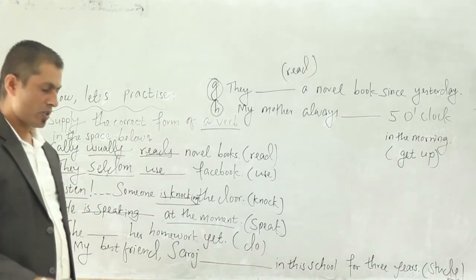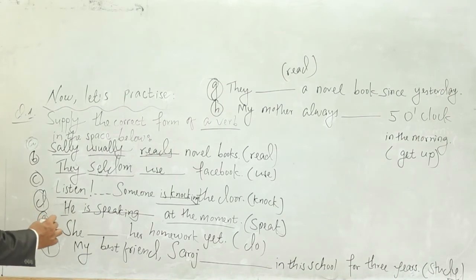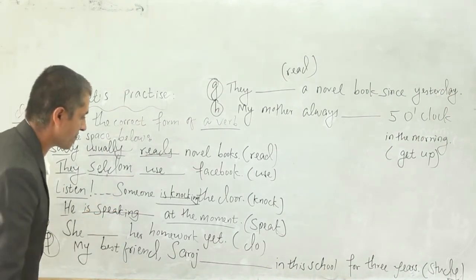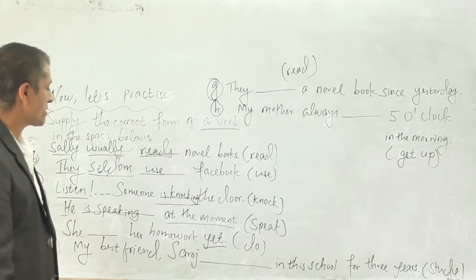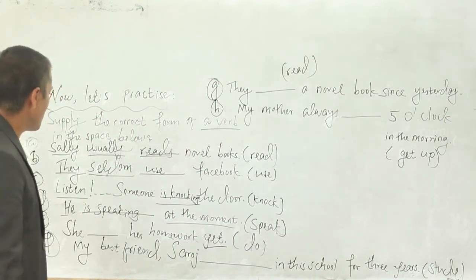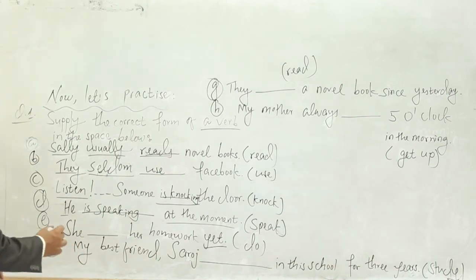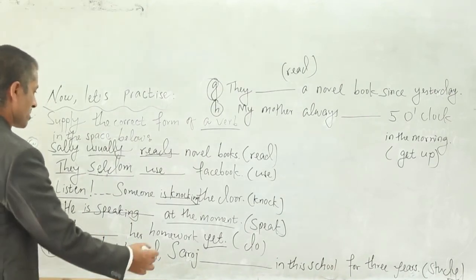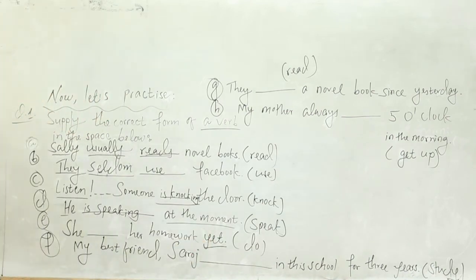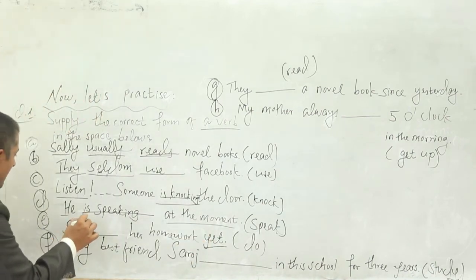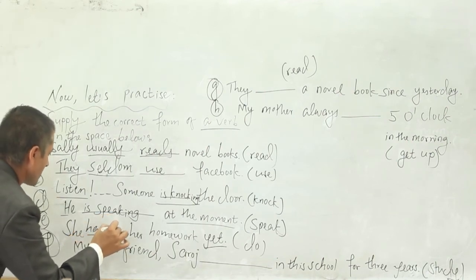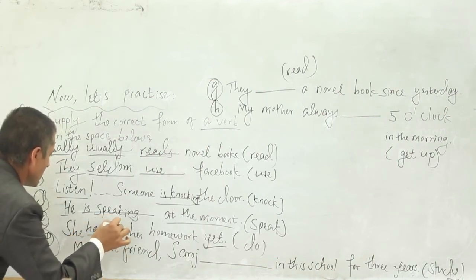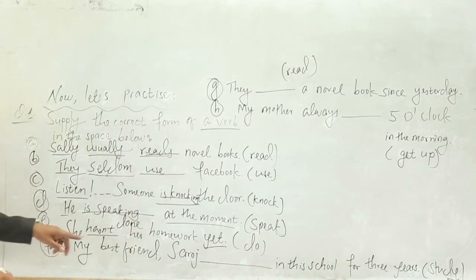Now let's go to the next number, number E. She dash her homework yet. Do. I told you before, if there is yet, we should use present perfect tense. So if there is yet, we should have the negative one: she hasn't done, D-O-N-E.